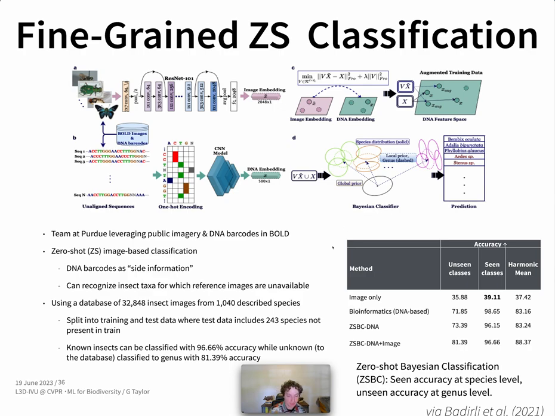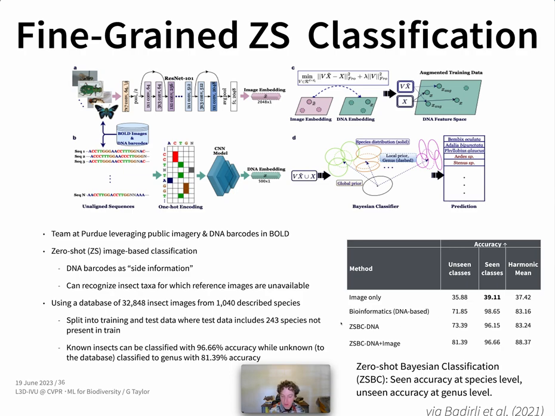And so what they're able to show, and I'd say take note, is that even on seen classes, an image-only classifier classifying to species is very poor compared with a traditional bioinformatics pipeline. So this is just using the barcodes alone, which can recognize seen classes at a very high rate. Not as good on the unseen classes, but still considerably better than image only.